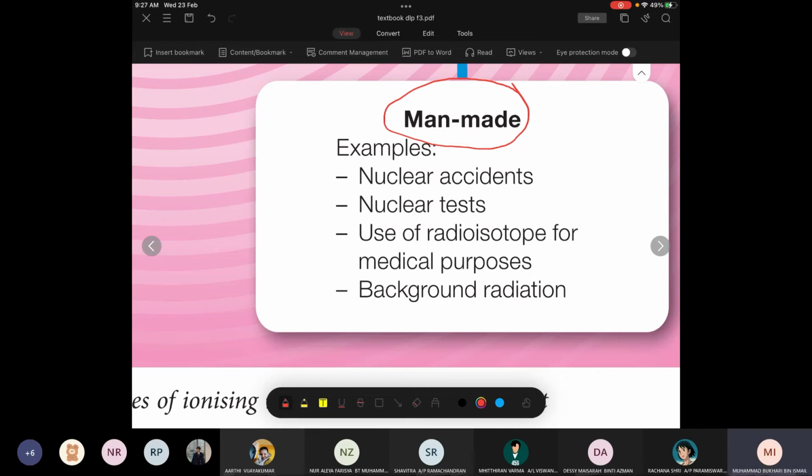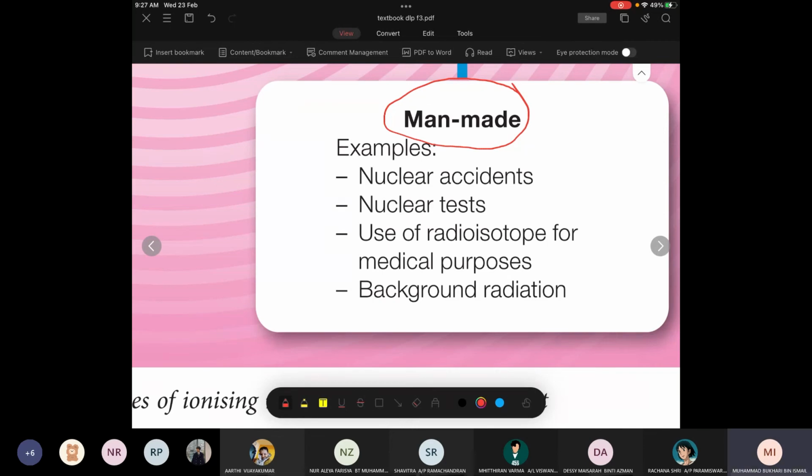And then the next one is nuclear test. This is usually related to nuclear weapons. And the next one is use of radioisotope for medical purposes. If you go to the radiology department in the hospital, you need to be a bit careful.